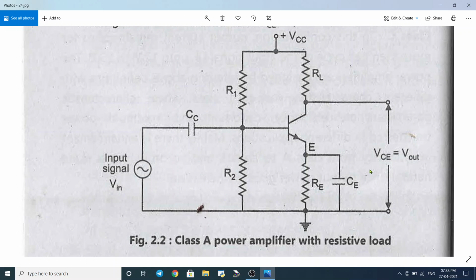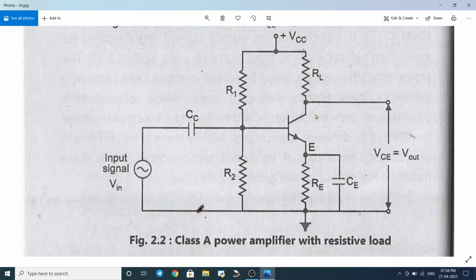Almost there is no change from our common emitter amplifier in the last chapter, single stage transistor amplifier, same circuit, but there are small changes. What is the small change?